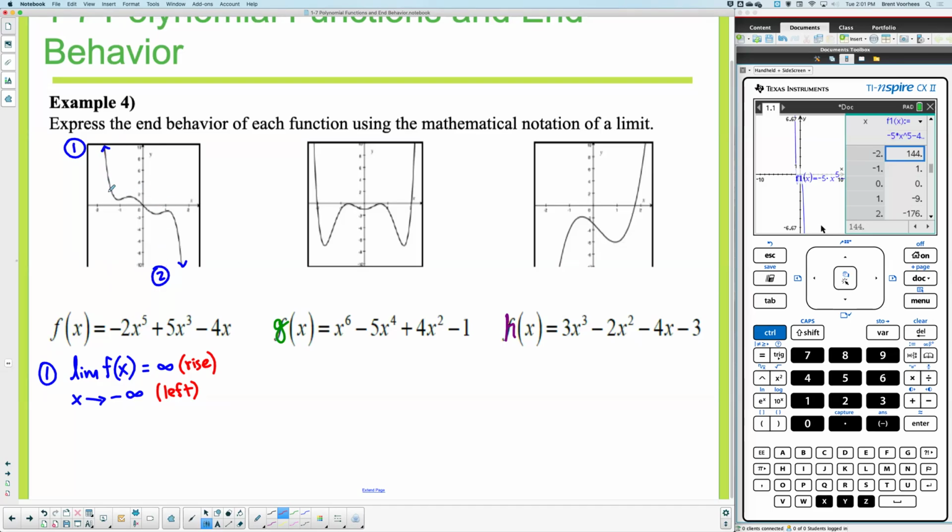What are the four options? Does it rise? Does it fall? Does it get flat? Or does it stop at a point? What happens as I go left? It rises. And that's why your y is infinity for rising. Your x is negative infinity, meaning goes left. Make sense? Now, the parentheses are not a part of the answer. That's just me describing in English what's happening.